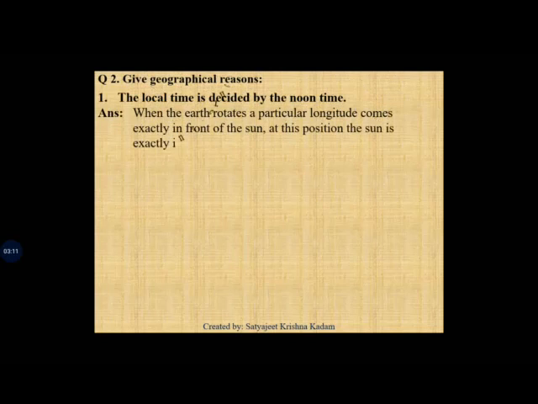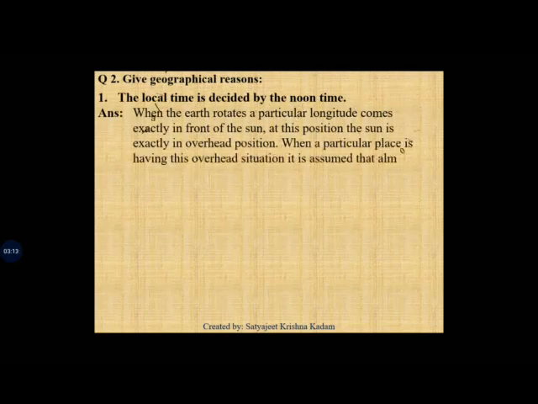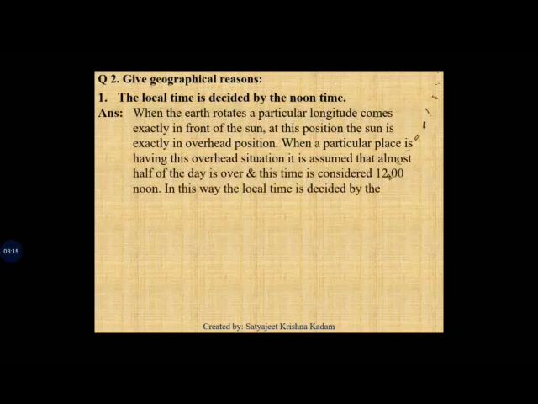Next question, give geographical reasons. First, the local time is decided by the noon time. Answer, when the Earth rotates, a particular longitude comes exactly in front of the Sun.